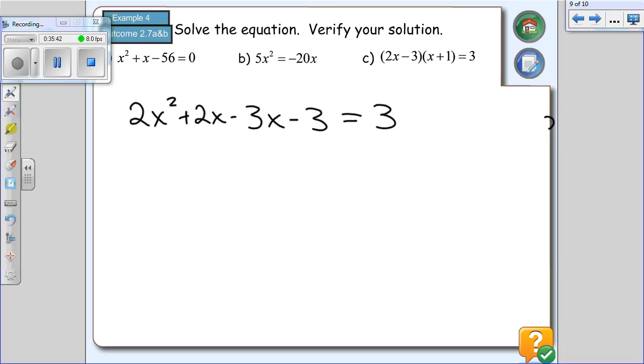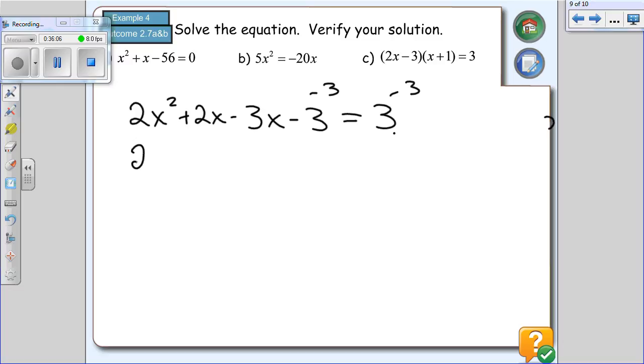To get into general form, this 3 needs to move to the other side, because everything has to be equal to 0. So minus 3 from both sides. And now you have general form. 2x squared minus x minus 6 is equal to 0. Now you're in general form.